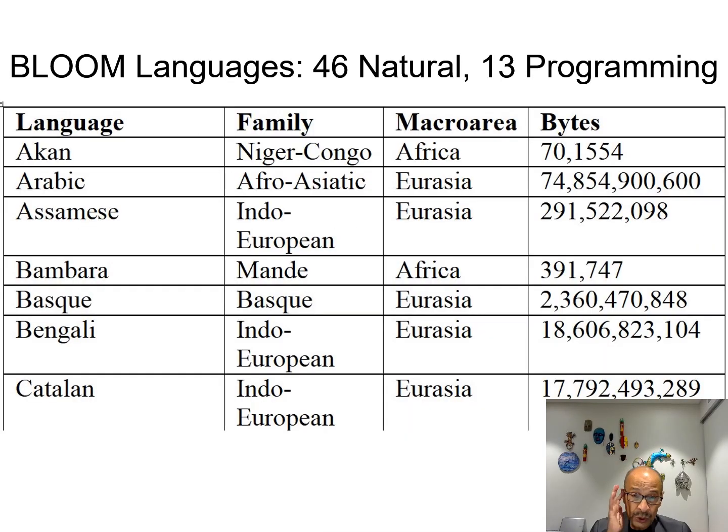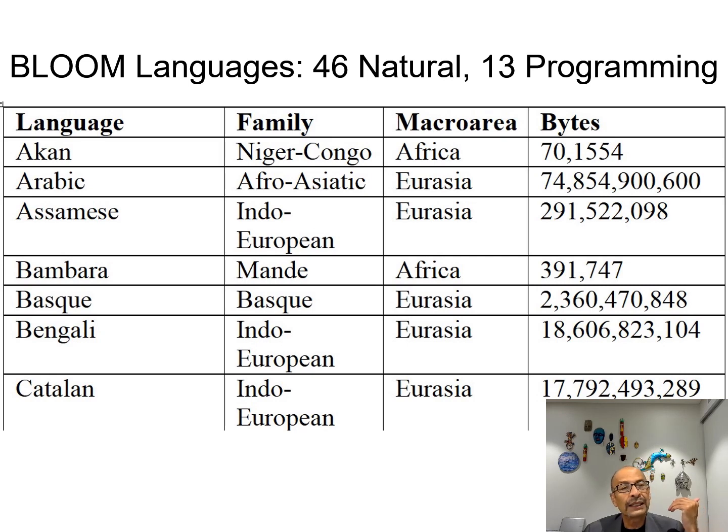So what does that model do actually? It is, as I said, a language model, and in its database, it has 46 natural languages and 13 programming languages, which it then uses with Megatron software in order to develop this model. So what kind of languages does it have?